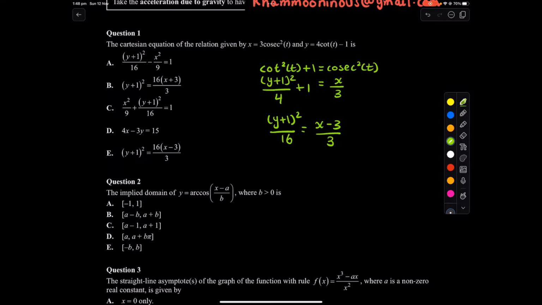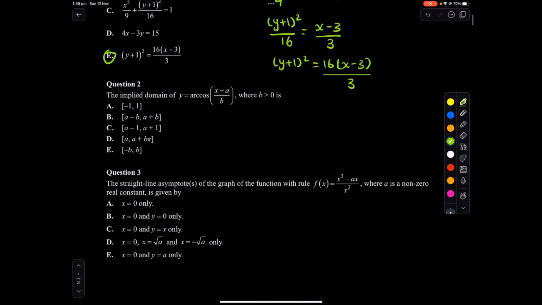I forgot to square that. Yeah, so multiplying by 16 on the other side, we get y plus 1 squared is 16 times x minus 3 over 3. Which gives us E as your answer.